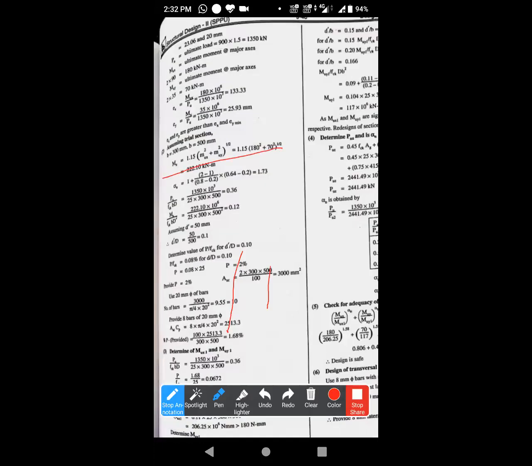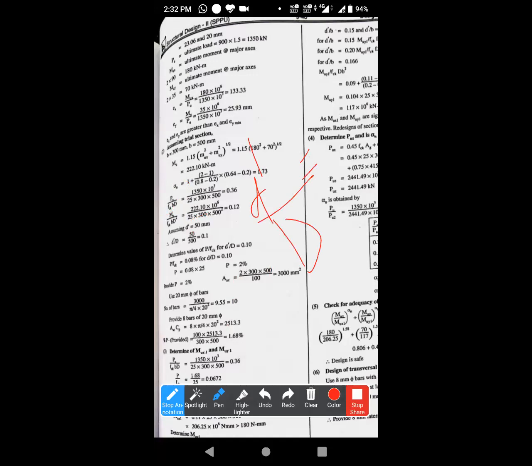Then you have to go for the alpha x. All these formulas we have already discussed. You have to go for PU upon fck b d and MU upon fck b d square. Then d dash, you have to assume that the cover provided is 50 mm. Now go for d dash upon capital D, which is coming 0.1.